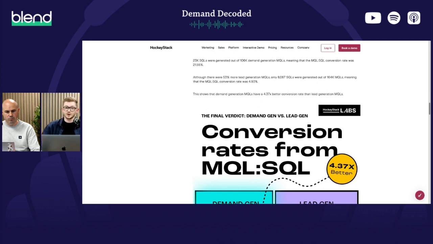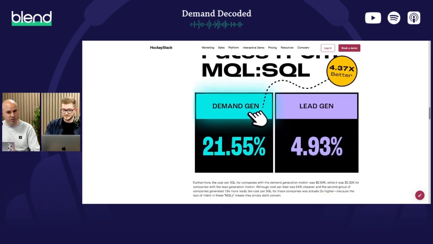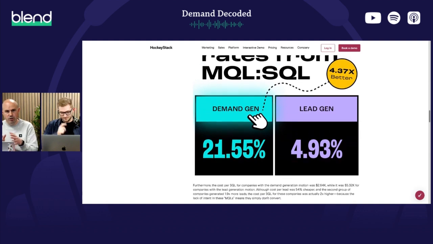And this all comes down to intent, right? Yeah, I mean, those numbers are stark. Not surprising, but stark. Not only was the conversion rate from MQL to SQL significantly higher for a demand generation motion, the net number was dramatically lower from a lead generation source.